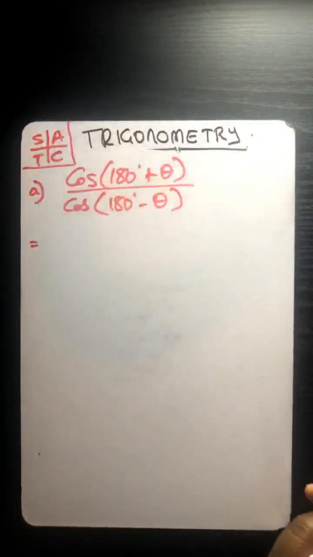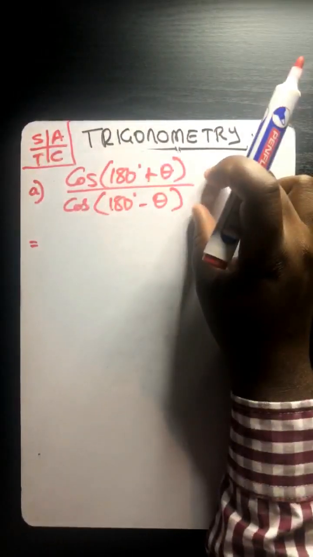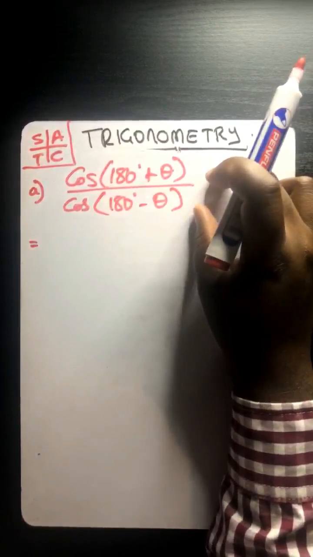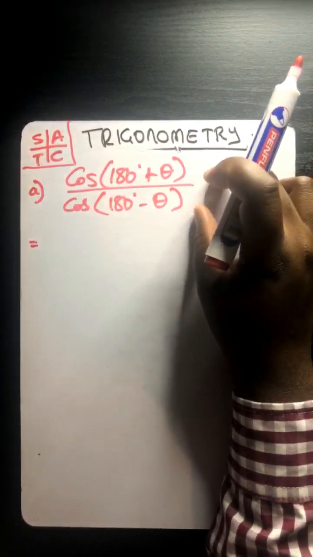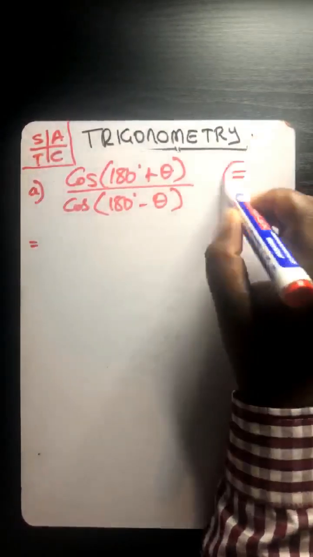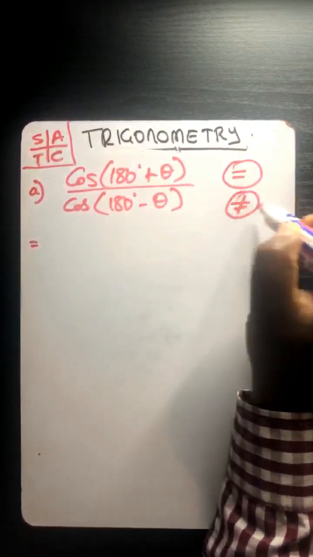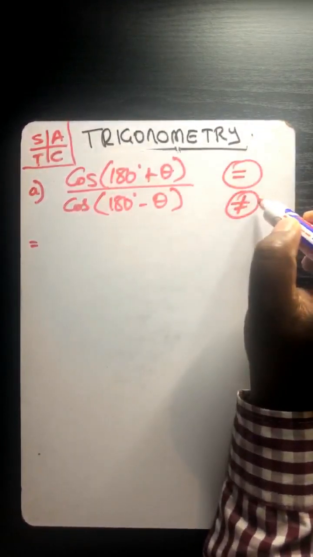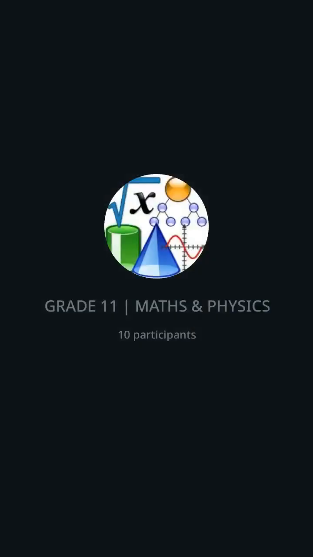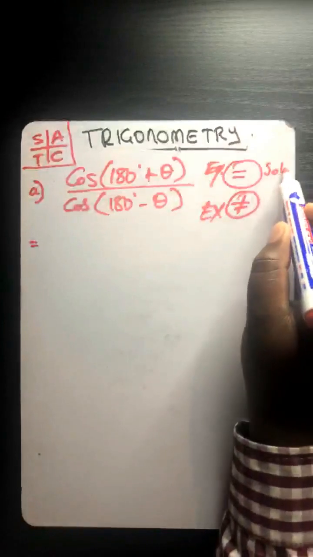Here comes a question. This thing, is it an equation or is it an expression? Every time you see an equal sign, just know you are dealing with an equation. If there is no equal sign, then it means it's an expression. When you have an equation, you solve.